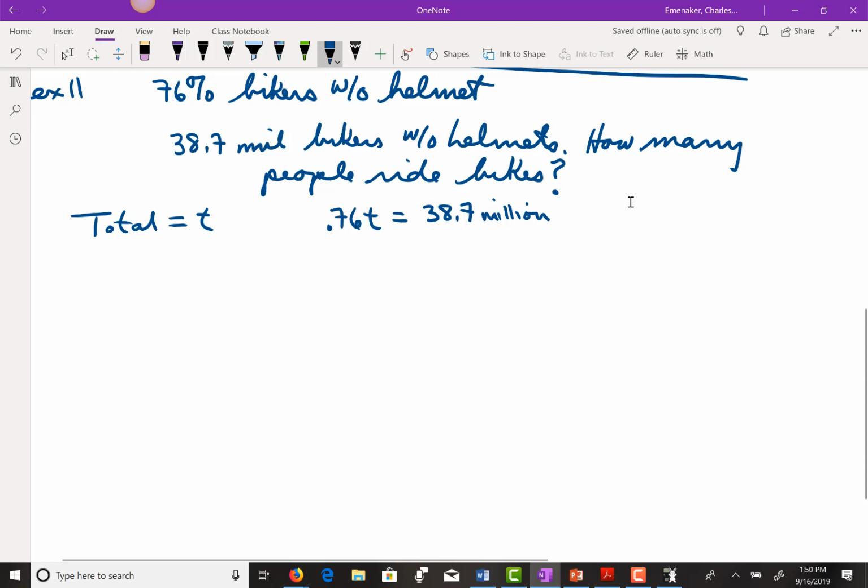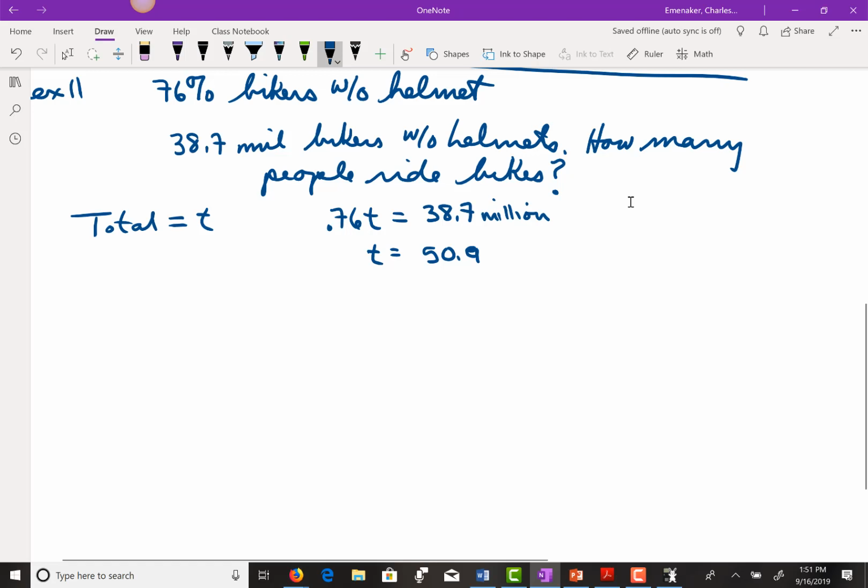And remember, this number should be bigger because this is everybody. This is going to wind up giving us T equals 50.9. There. So about 51 people ride bikes? Is that what that means?